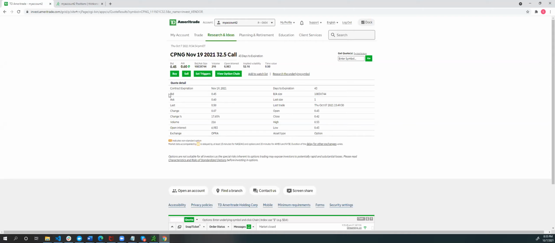4:30, or 4. So tomorrow the market opens and CPNG opens at, right now it's at 27.50, right? By the time the options market opens, say it's opening at $27, which is away from the strike price.